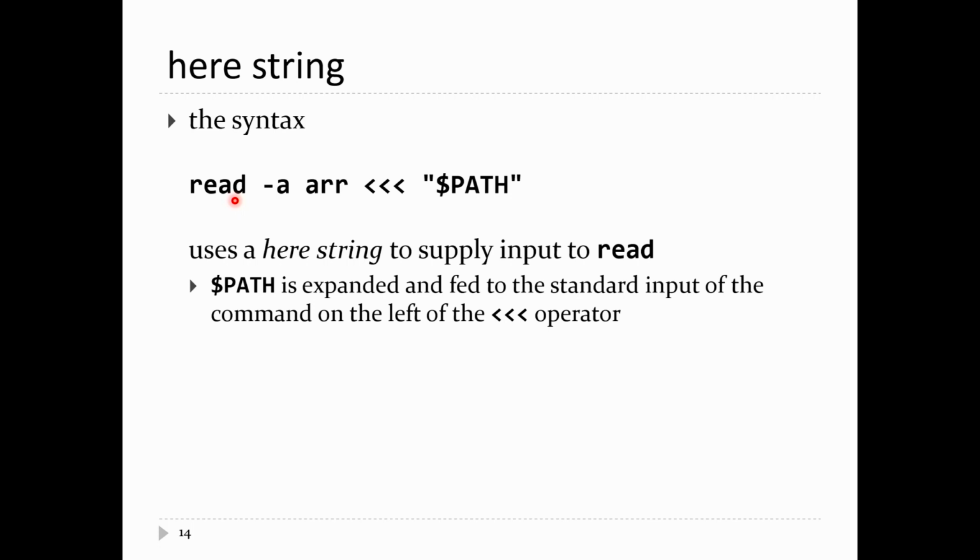So what I'm doing here is redirecting that variable to the standard input for read. PATH gets expanded and fed to the standard input of the command on the left-hand side of that triple less than operator. So whatever's in PATH gets fed to the standard input of the read command in this case.